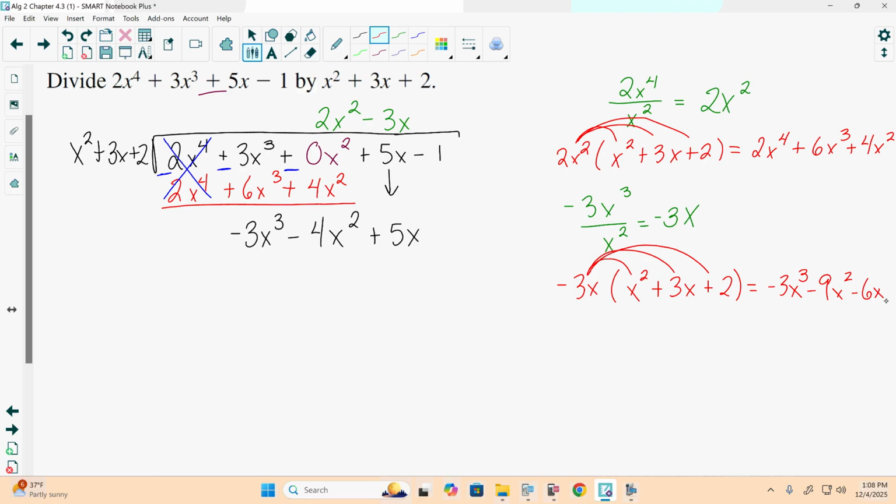And negative 3x times positive 2 is going to be negative 6x. And then we would subtract. Negative 3x cubed minus negative 3x cubed, negative 3 minus negative 3 is 0.